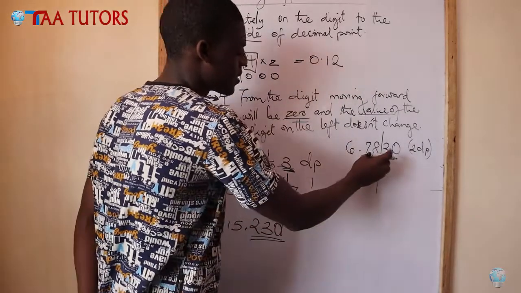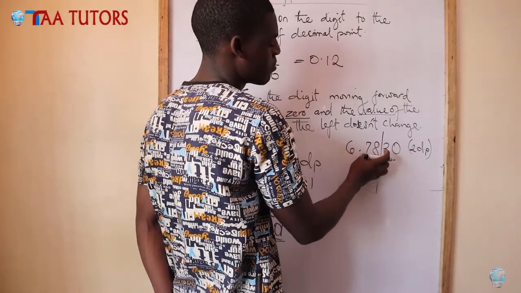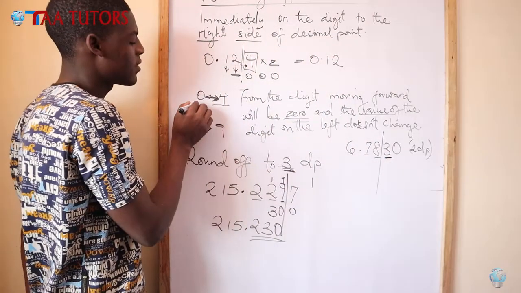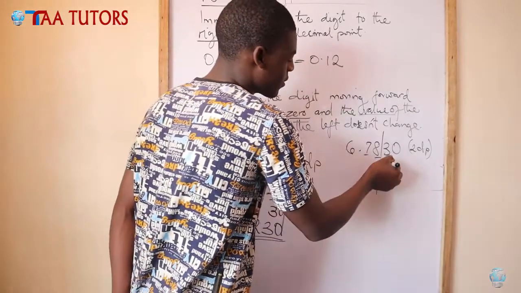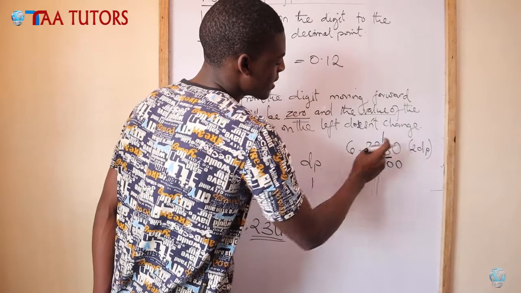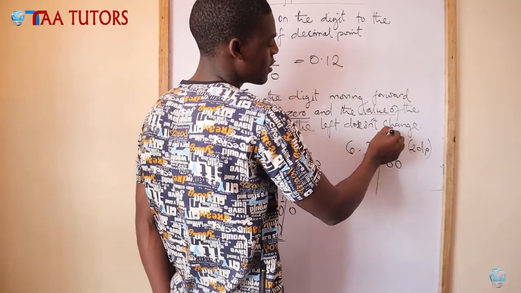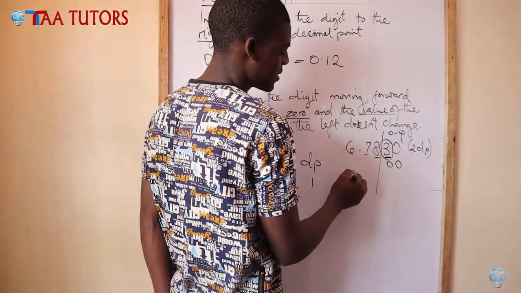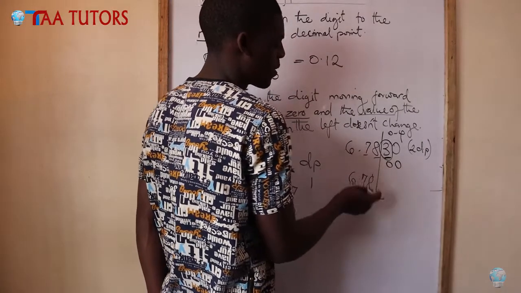The digit immediately after the 2 decimal places is 3, and we know that 3 is between 0 and 4. So we will have zeros for the digits there, and the previous digit doesn't increase. So we will have 6.78 as our value after rounding off.